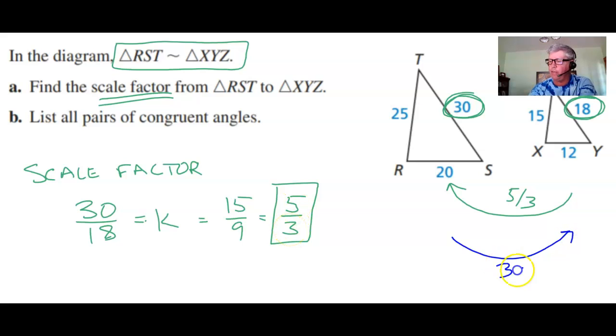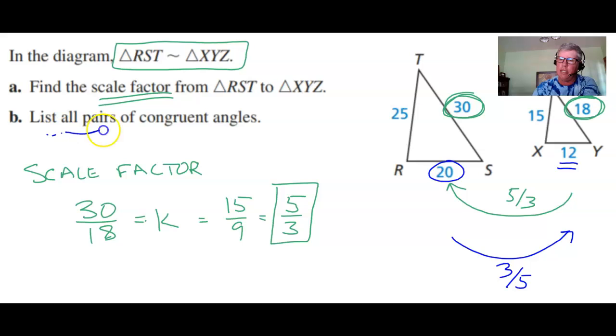It is 3/5. And 3/5 is less than 1. In other words, it makes things smaller. So if I multiply 20 by 3/5, I will get 12. Let that sink in. The scale factor is a number that takes you from one length to the other length. So if you want to go in the opposite direction, just flip that scale factor.